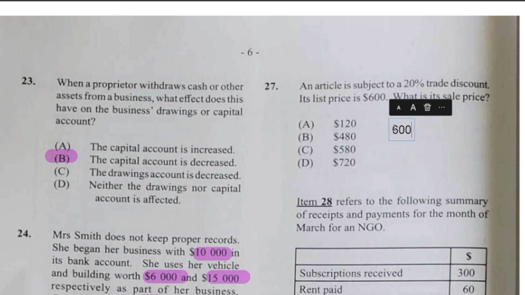So 600 multiplied by 0.8 gives you the actual discounted price, which is the sales price. So the answer is going to be 480. The discount is 120. The amount you're going to buy it for is 480.